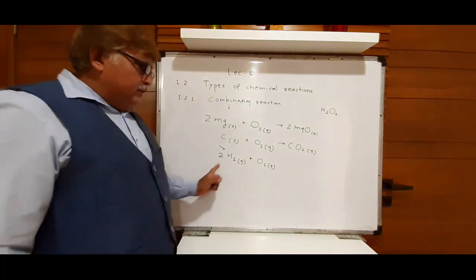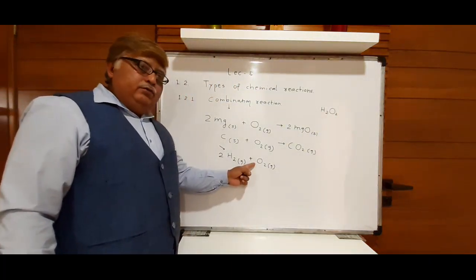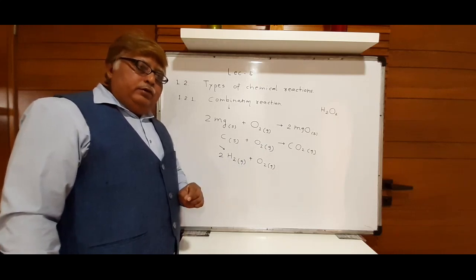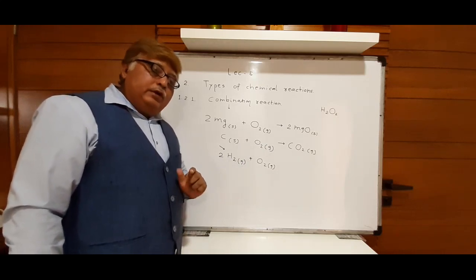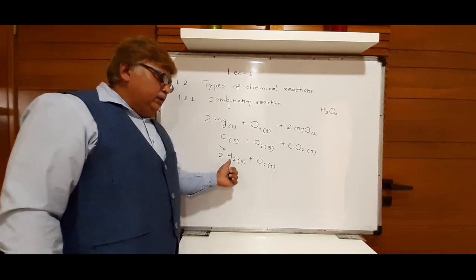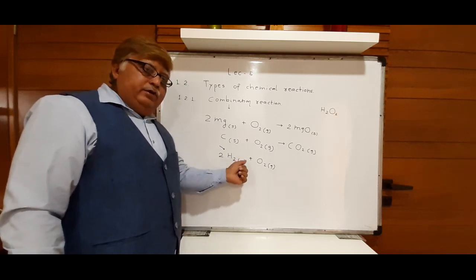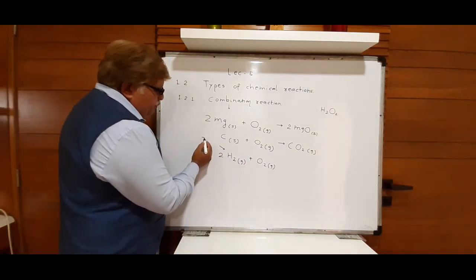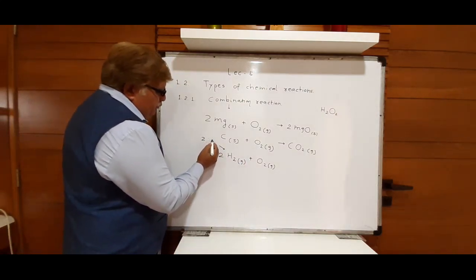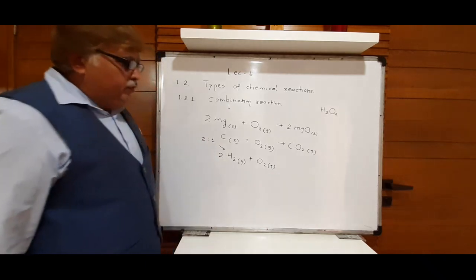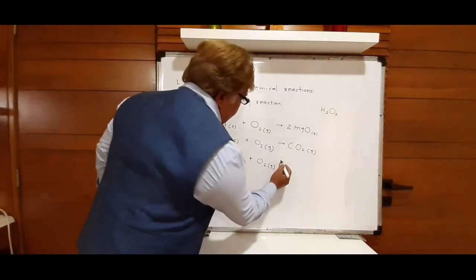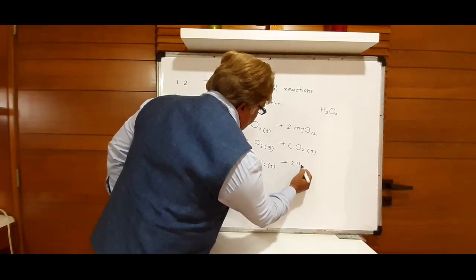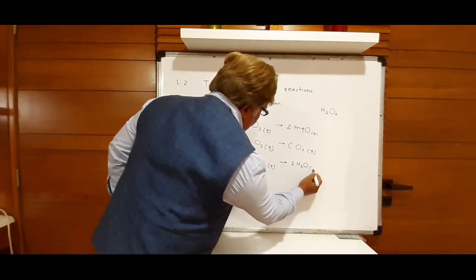But you have studied in 9th standard the law of constant proportion. Whenever hydrogen and oxygen combine in a fixed weight proportion of 2 to 1, they form water. Understood? Let me write here and complete the equation, 2H2O gas.